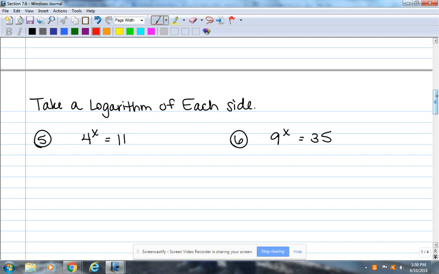A logarithm. Okay. So what you want to do is use the logarithm with the base of whatever your base is with the x. So we want to use a base 4 log for this one. So we're going to take log base 4 on both sides.